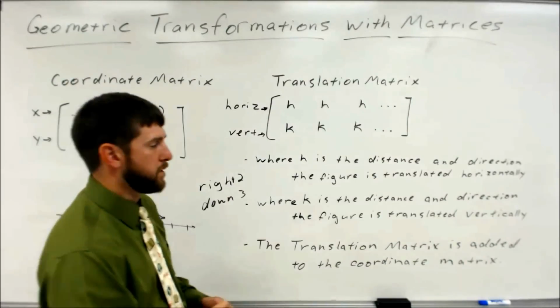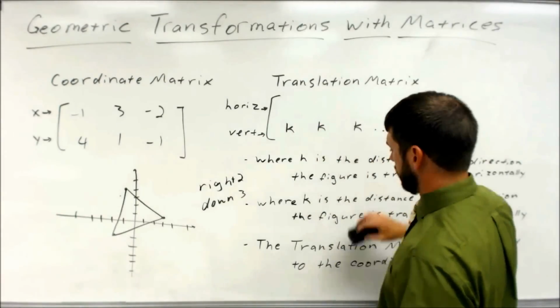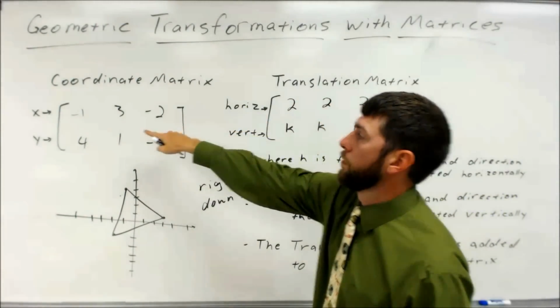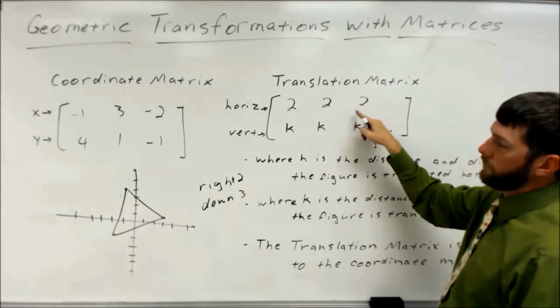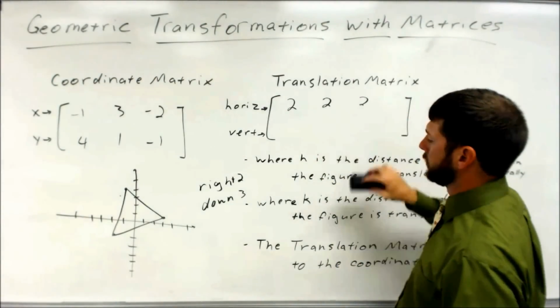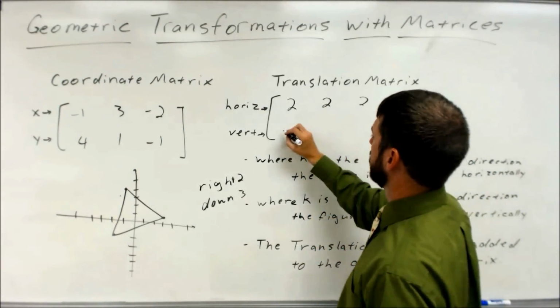So right 2 is +2. We want to increase all our x's by a value of 2, so we put 2 right here. We've got 3 x values, so I need 3 values adding 2 on there. Vertically, down 3 is -3.